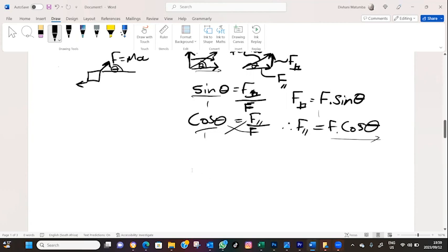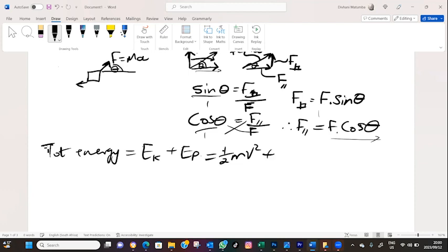The other thing to bear in mind is the total work done. Now, not the total work, sorry, the total energy of the system. The total energy of the system is given by kinetic energy plus potential energy, which is usually given by 1/2 mv squared plus mgh.